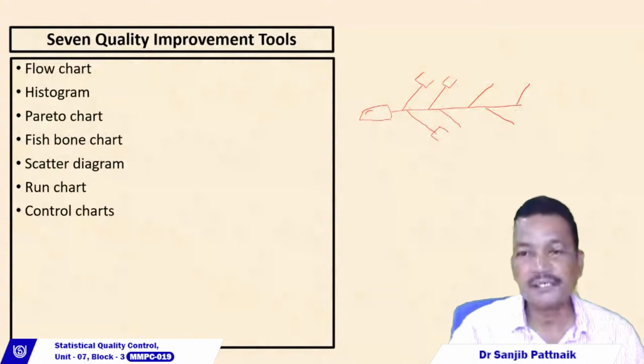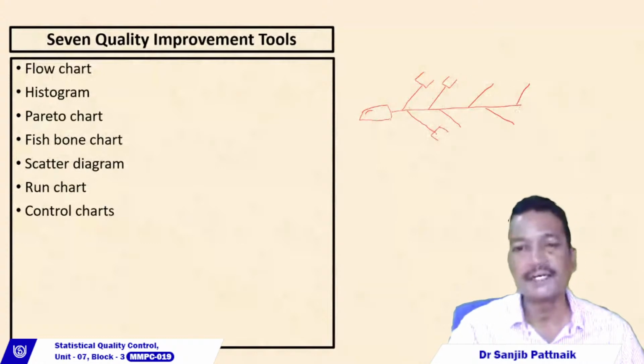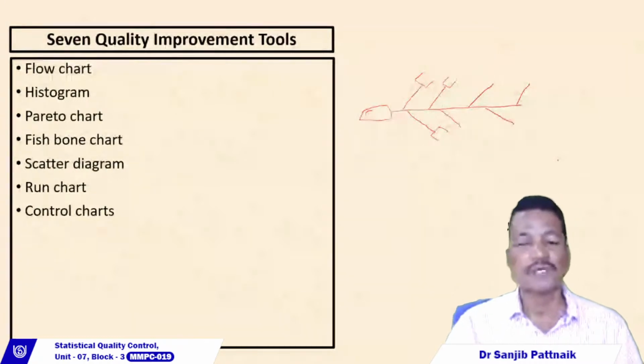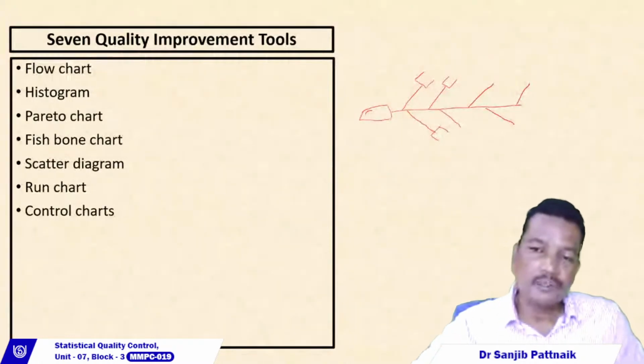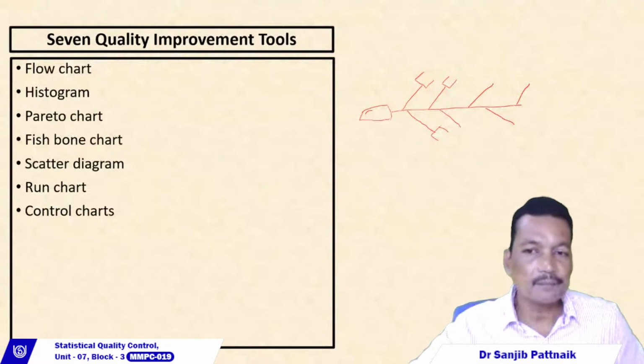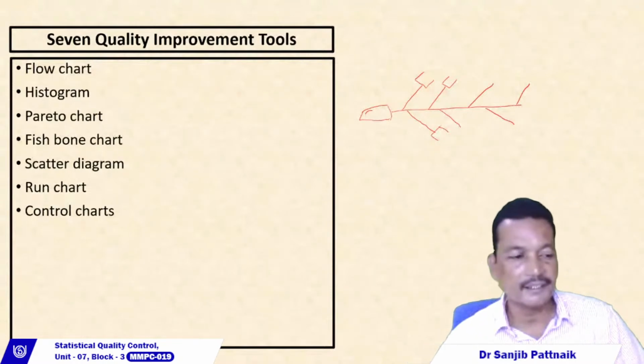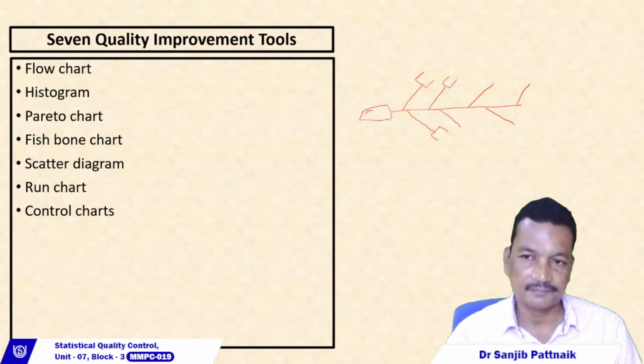And if you look carefully, it is looking like a fish bone. So the name is fishbone chart. So by looking at it, we can bring upon improvement by reducing the defects.